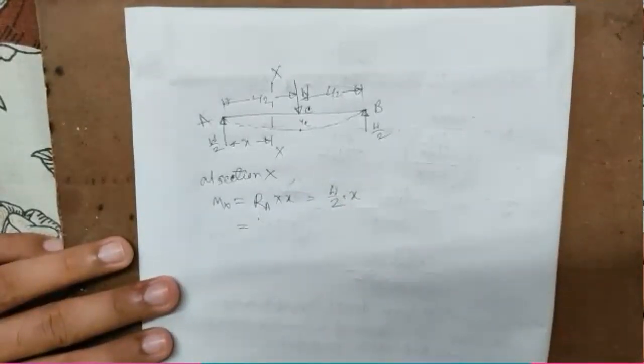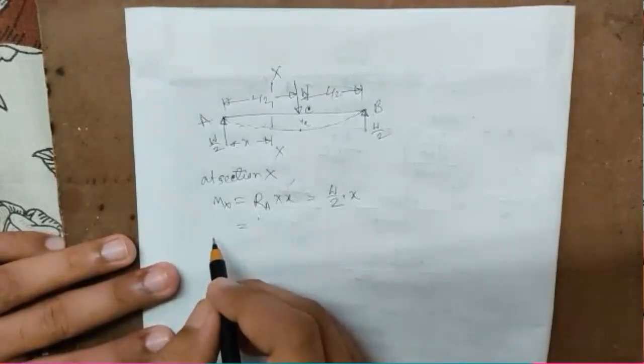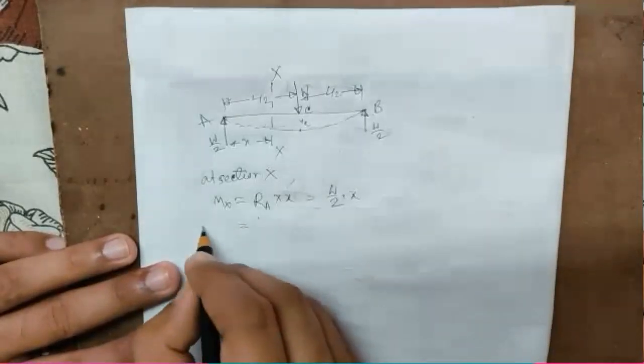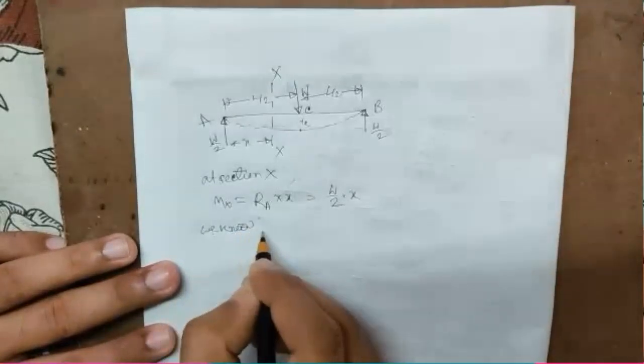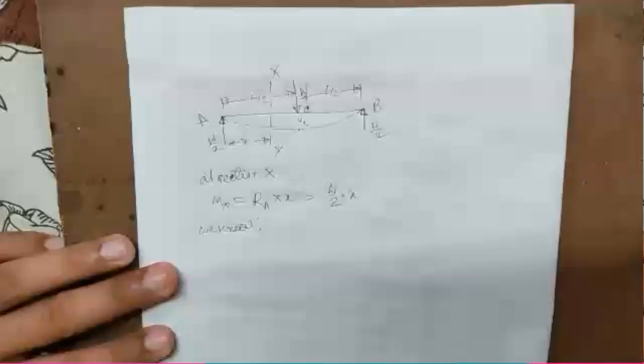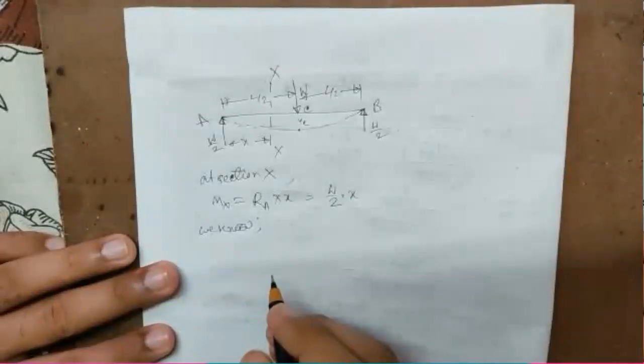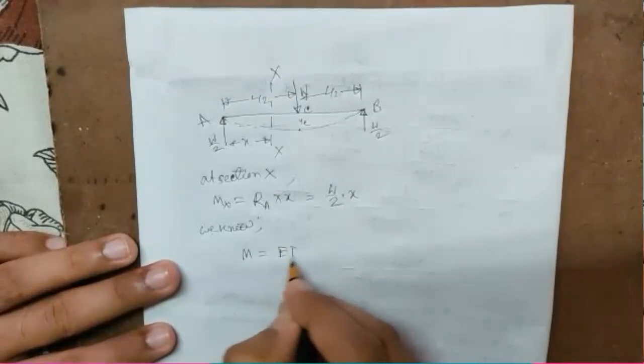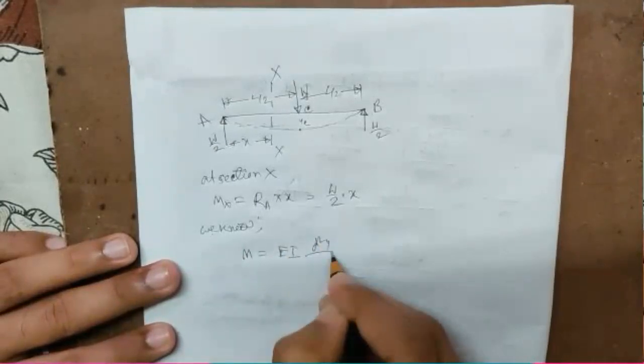Now our bending moment equation is M equal to EI d2y dx2, and this value should be equal to the value we have just found out.